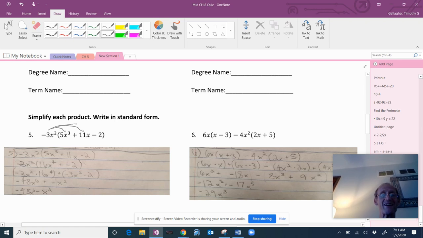And when you multiply exponents, you add exponents. So the first term you get for this one here is going to be negative 15x to the 5th. All right, and then minus 33x to the 3rd plus 6x squared. Now that's the correct answer for that one.